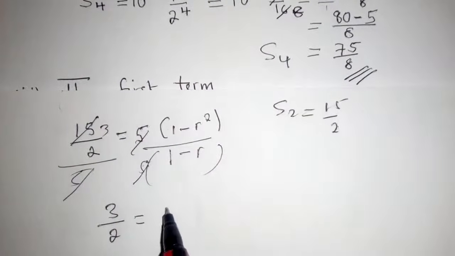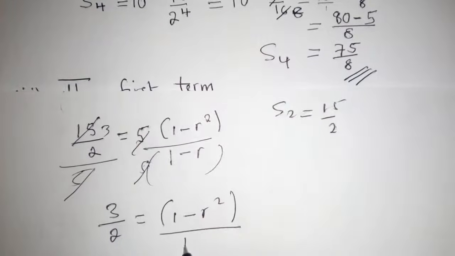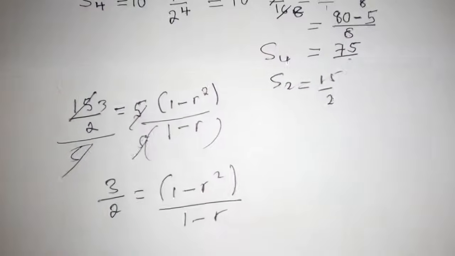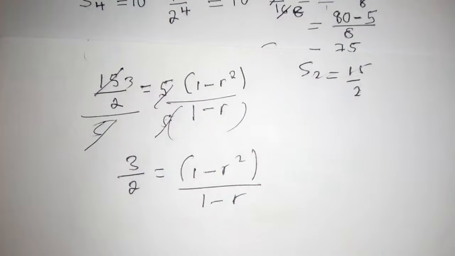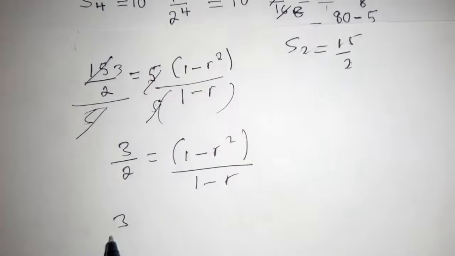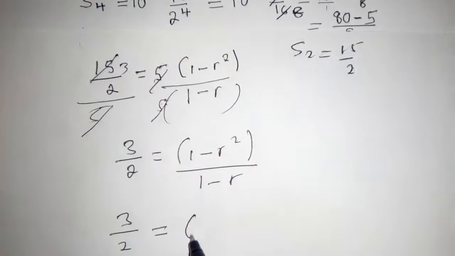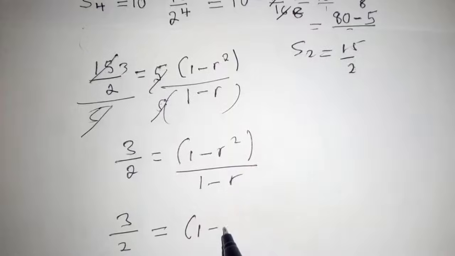Hopefully you're able to see what I'm doing here. We'll remain with something like this, and then once we have this, we can solve now. On top here, we're going to use the idea of difference of two squares.